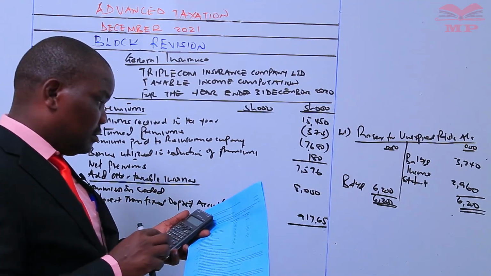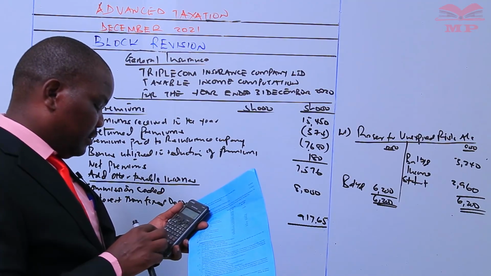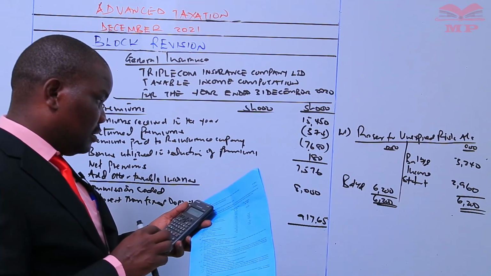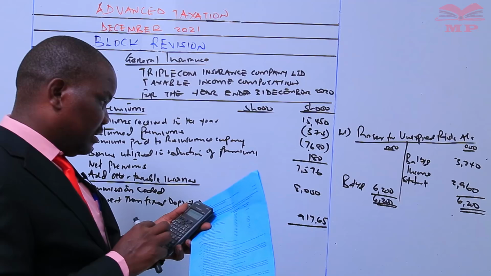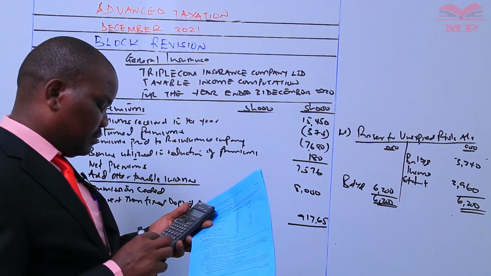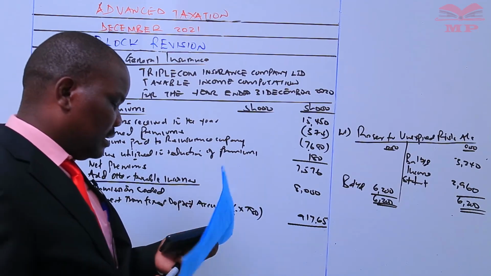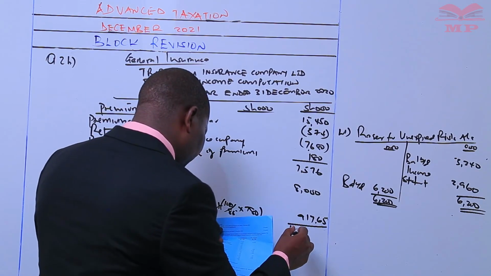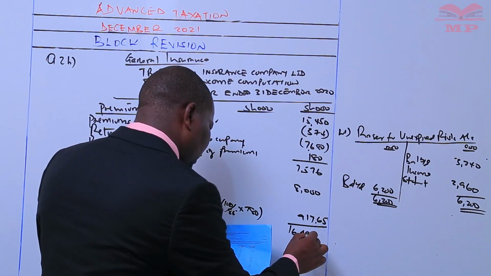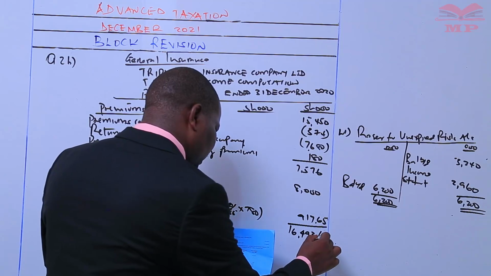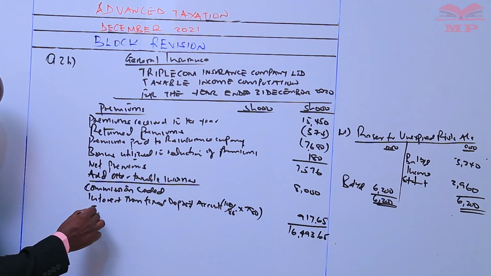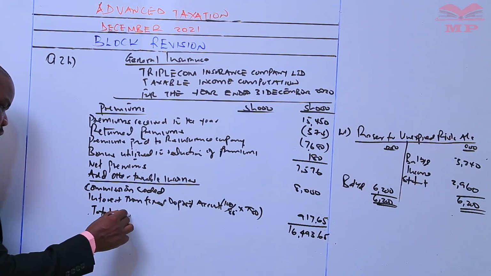We shall have 7,576 plus 8,000 plus 917.65. I'm getting a total of 16,493.65. So we call that total income.